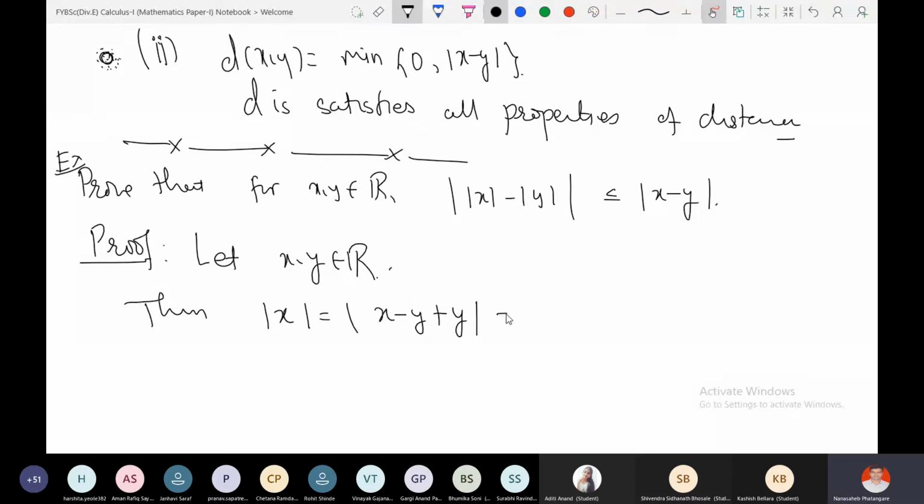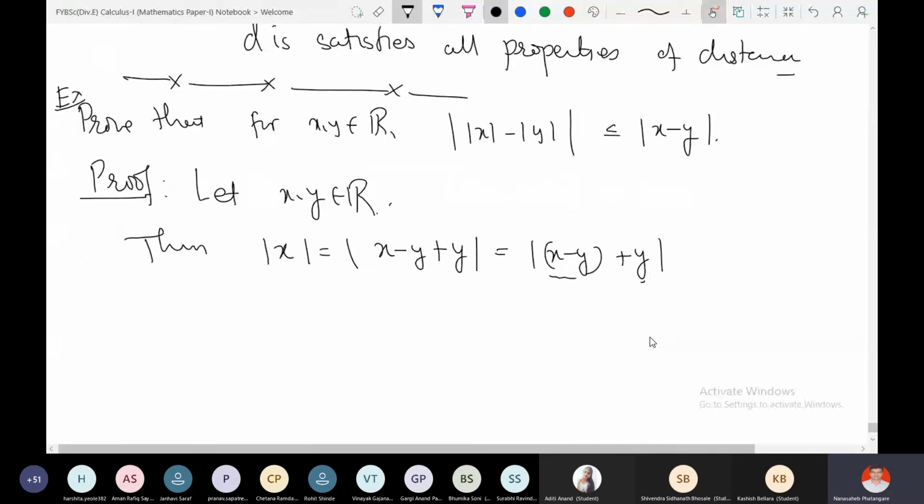Anyway, so this is x minus y plus y, right? And now it is just the absolute value of the sum of two numbers. Can I use my previous knowledge? Yes, sir. What is my previous knowledge? This is less than or equal to the absolute value of x minus y plus the absolute value of y. Very good.